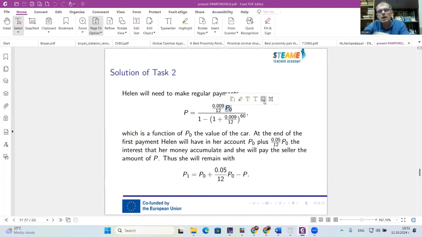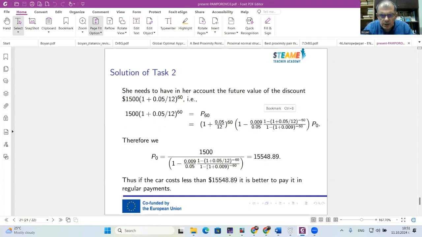It is the unknown value of the car, and making several calculations, we finally end to a formula which says the discount divided by a function where we have the interest rate of the dealer, the interest rate that the buyer can accumulate if he has this money in his account and develop his business. And the result is the following.